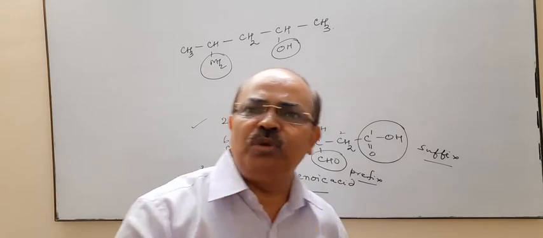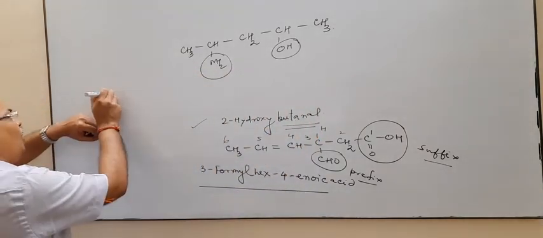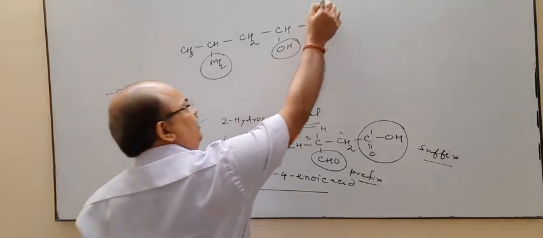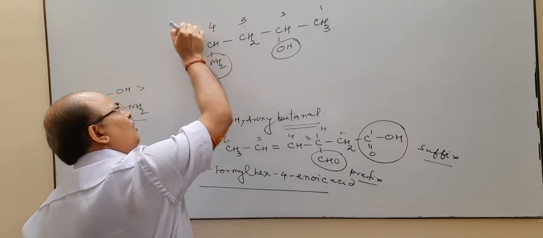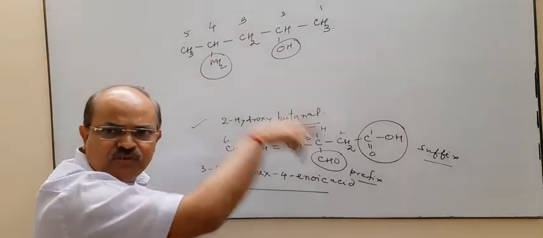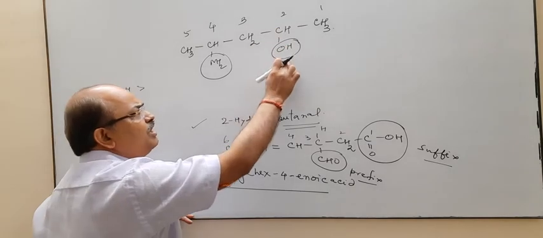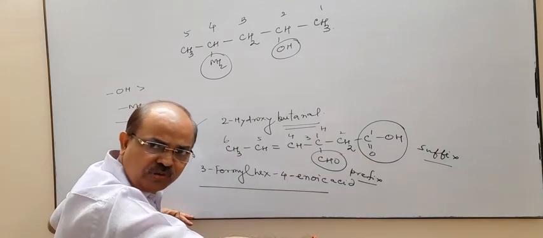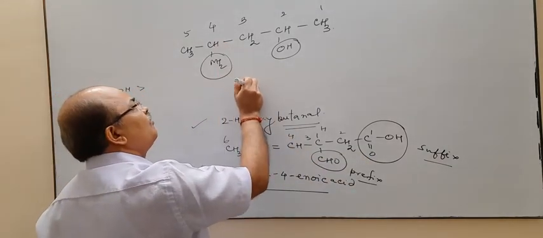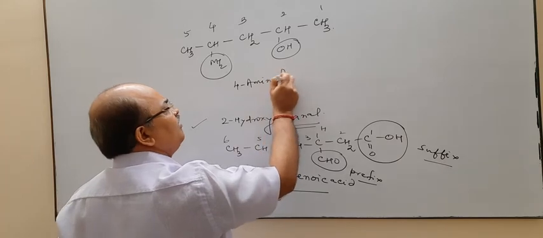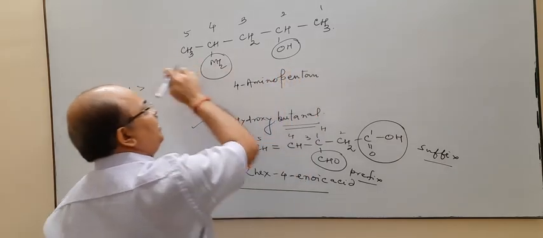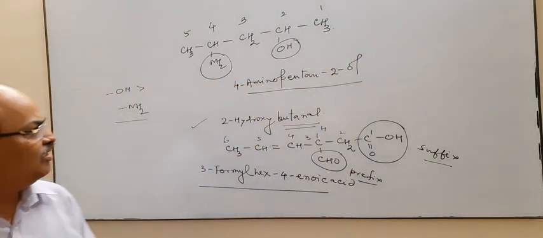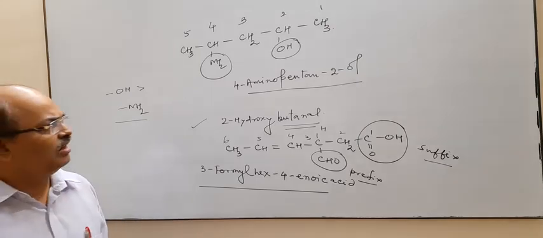Now, dear student, as you know, the alcoholic functional group is senior to amino. So it is 1, 2, 3, 4, 5. Priority must be given to alcohol. If you count from this side, alcohol comes at second position, and from the other side alcohol comes at fourth position. So now the name is 4-amino, then we have pent for 5 carbons, then we have 2-ol. So the IUPAC name is 4-aminopentan-2-ol.